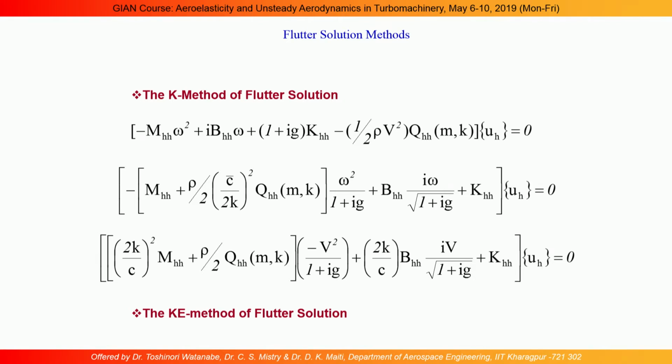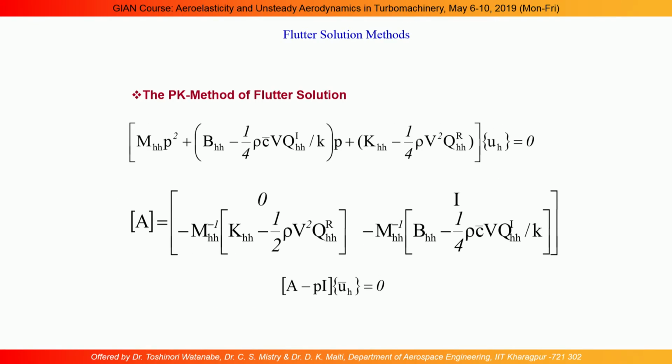Then there is also a modified K method, which we call the KE method. Another important method is called the PK method. P is nothing but the complex eigenvalue, and K is the reduced frequency, which in aerodynamics is called the Strouhal number, the non-dimensionalized frequency parameter.